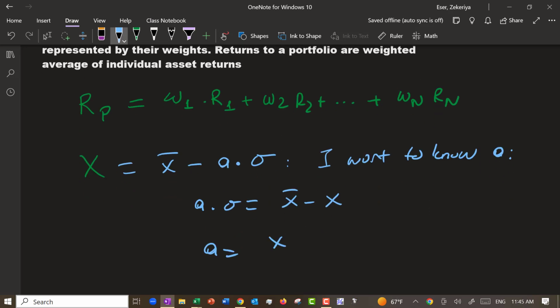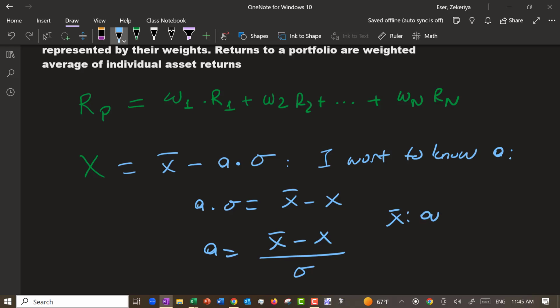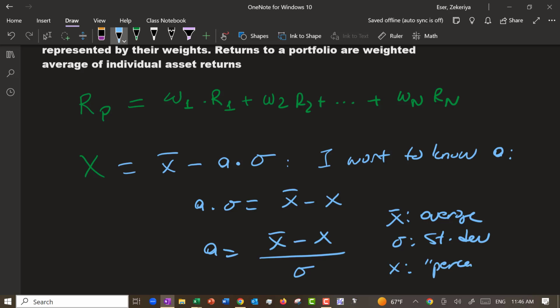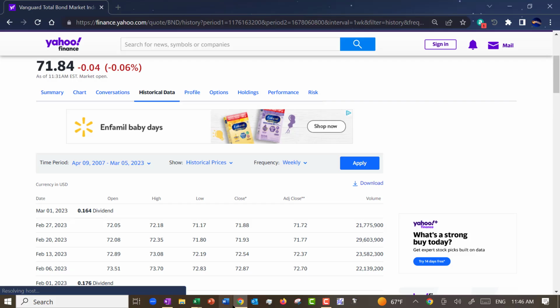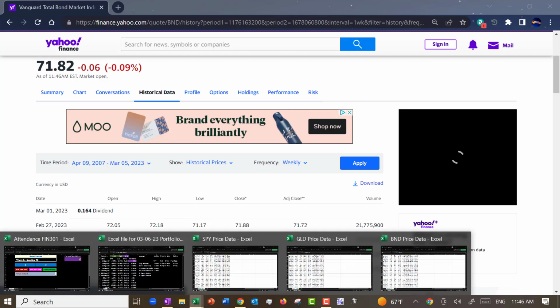the average, sigma is standard deviation, and x in this case is the percentile below. So I want to know how many standard deviations negative 5.48 is below the mean.